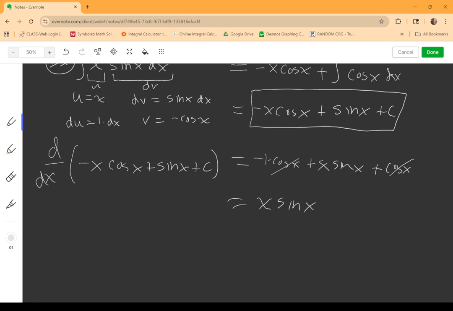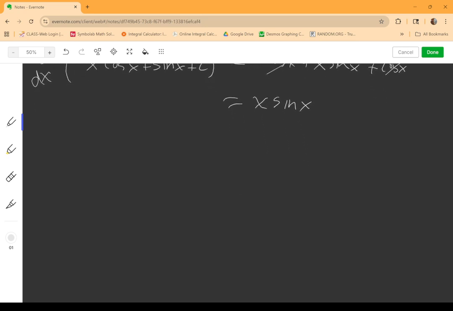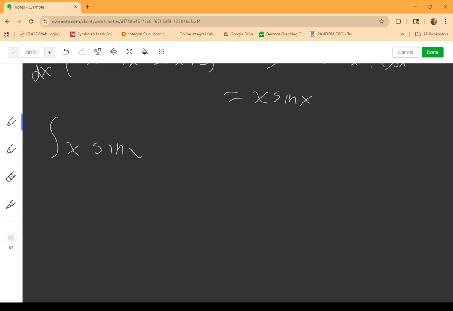So one question you might be asking yourself is, does my choice of u and dv matter? And yes, it is going to matter here. So let's say that I started this problem again, with the integral of x sine x dx, and I said, well, I want u to be sine of x.